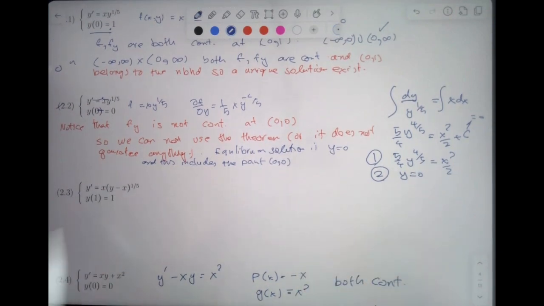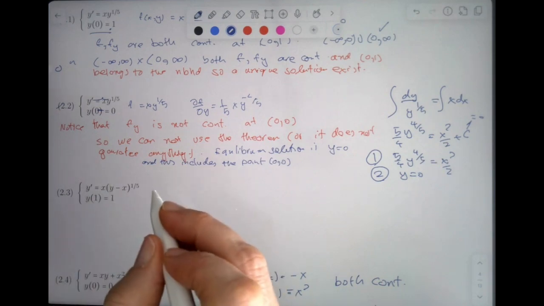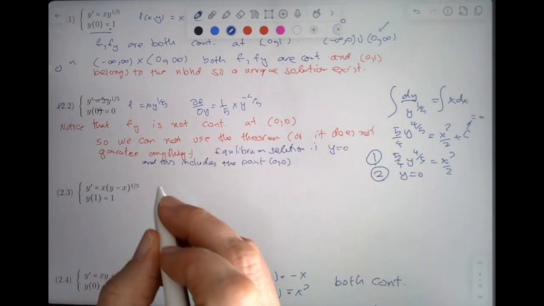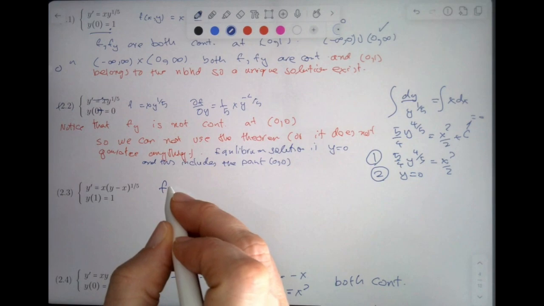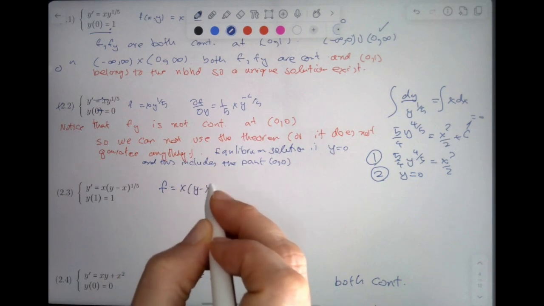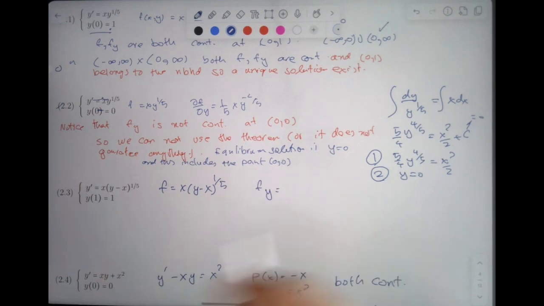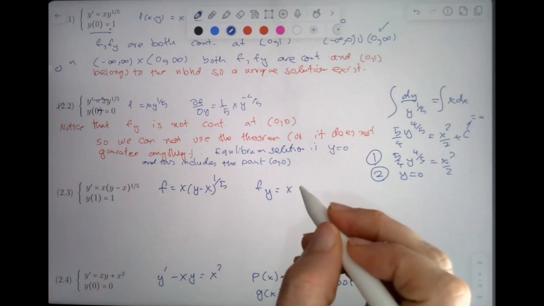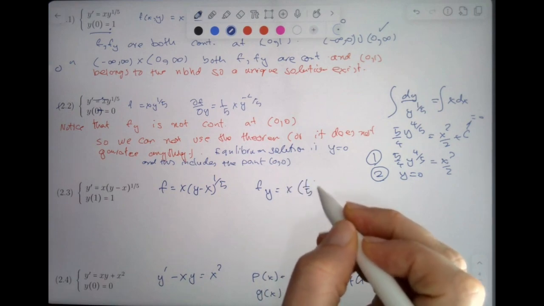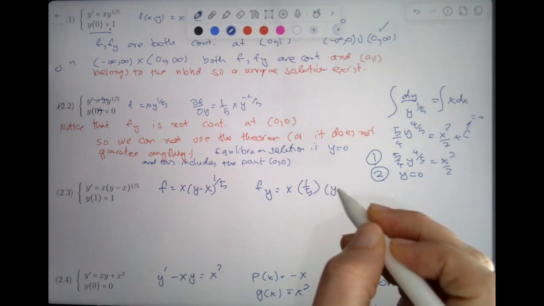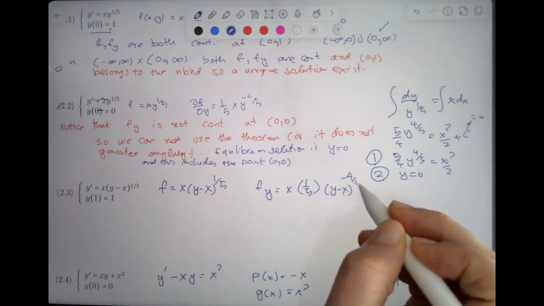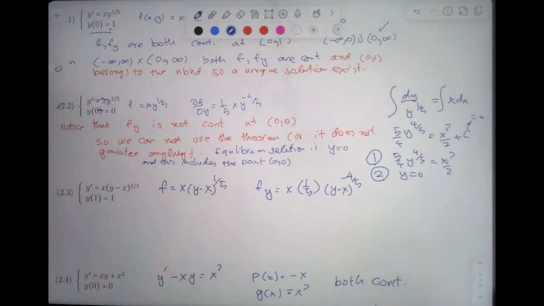So the next part is this one. This is not a separable equation. All I need to do is figure out if the theorem works on this. So f is x times (y minus x) to the power 1/5, and f sub y is equal to x times 1/5 times (y minus x) to the power negative 4/5 times the derivative of the inside, which is 1.